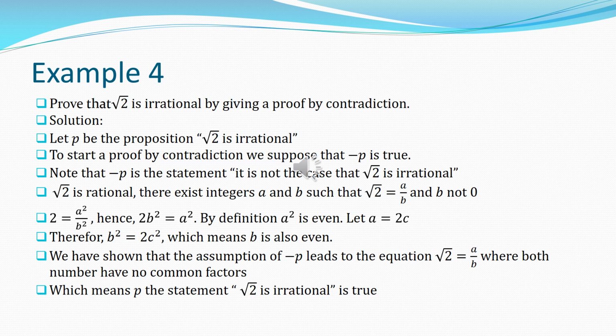Note that negative p is the statement: it is not the case that square root of 2 is irrational. Square root of 2 is rational. There exist integers a and b such that square root of 2 is equal to a over b and b not equal to 0.